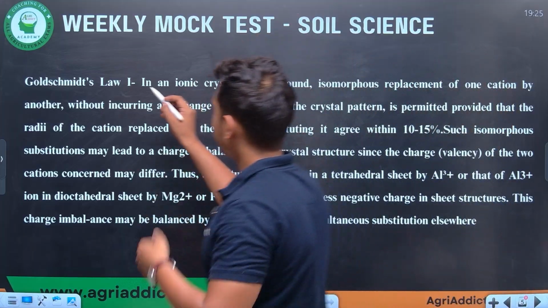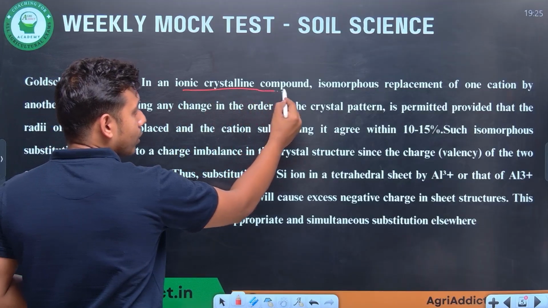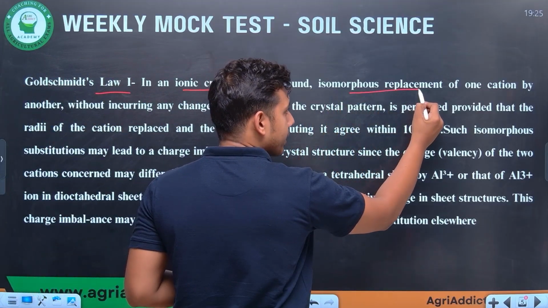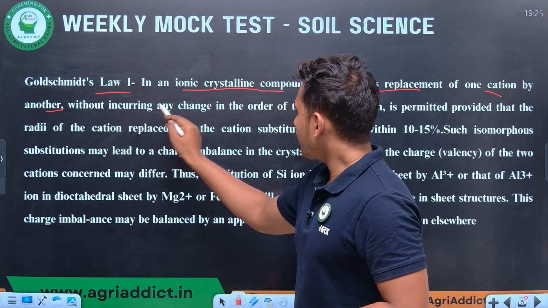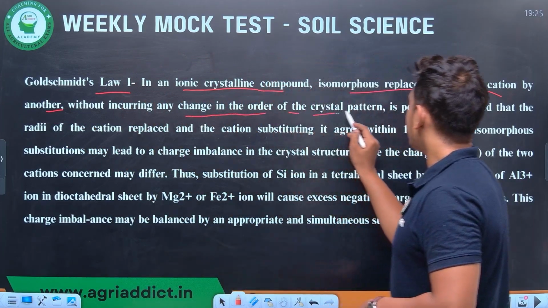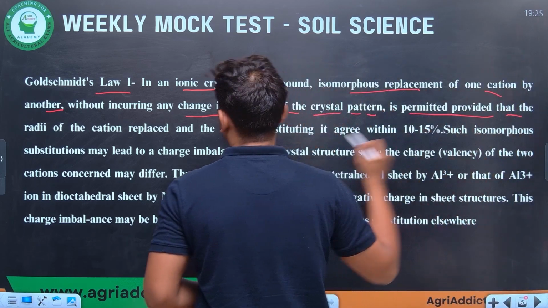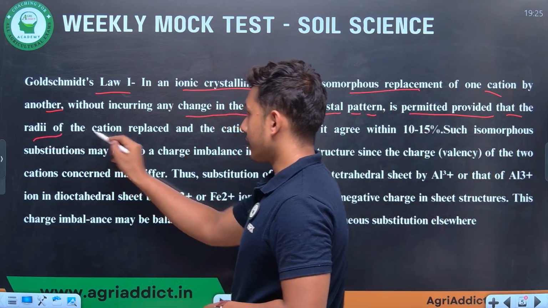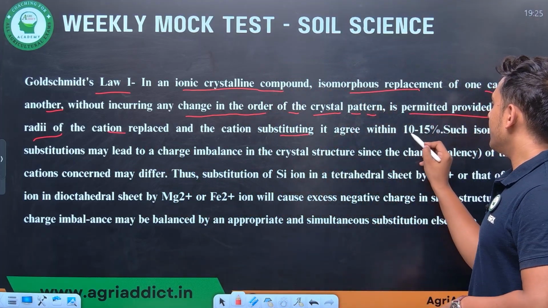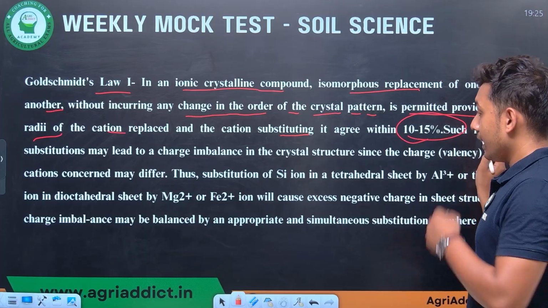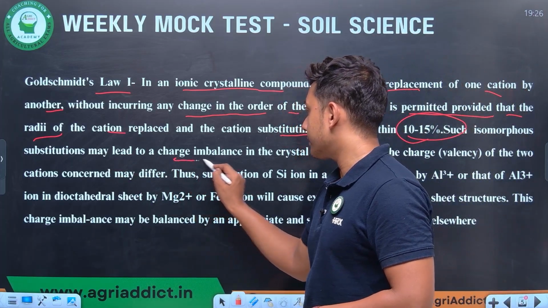Goldschmidt's first law states that in an ionic crystalline compound, isomorphous replacement of one cation by another without any change in the order of the crystal pattern is permitted, provided that the radii of the cation replaced and the cation substituting it agree within 10 to 15%. Such isomorphous substitution may lead to a charge imbalance.